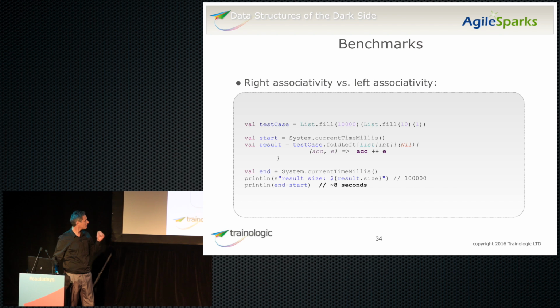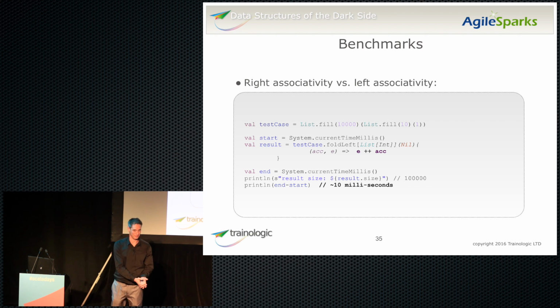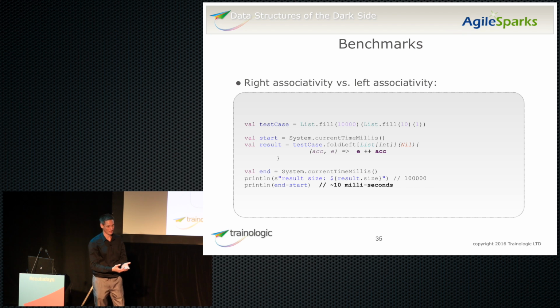Now, if I just change it, and the order will of course not be that good, but I'm using right associative appends, I'm getting around 10 milliseconds. This is a huge performance difference, quadratic versus linear. So the problem is the writer monad will work with left associative list appends. This is a problem.